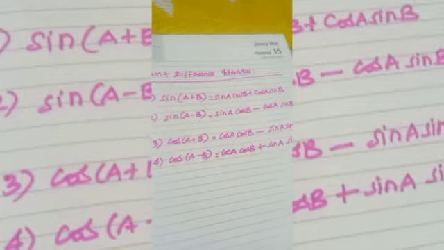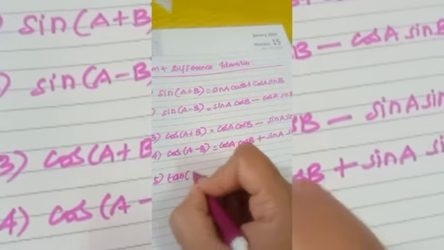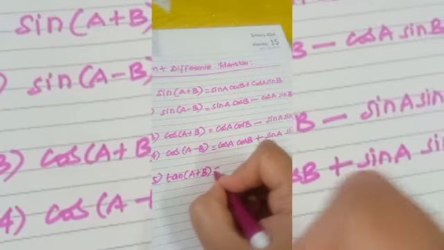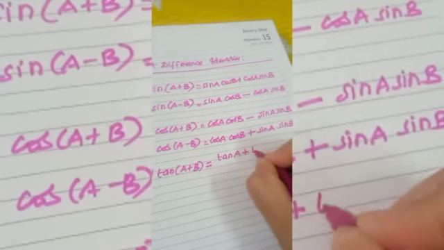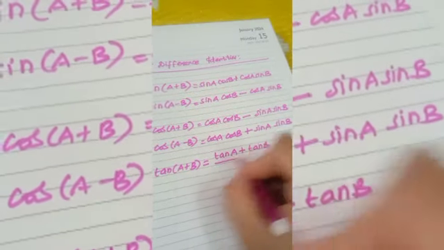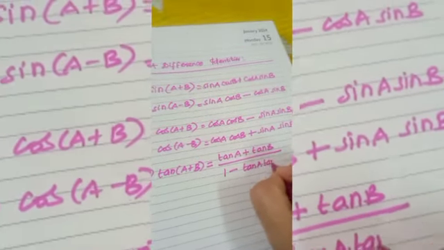Now we have to move on to the tangent function. Tan of a plus b is equal to tan a plus tan b divided by 1 minus tan a into tan b.